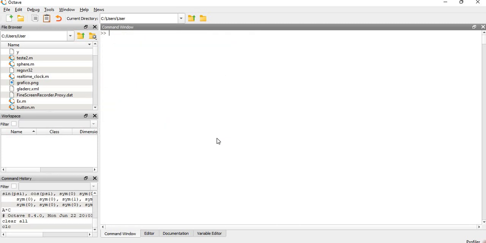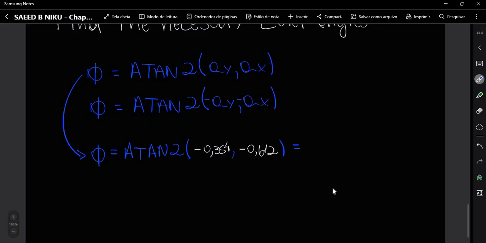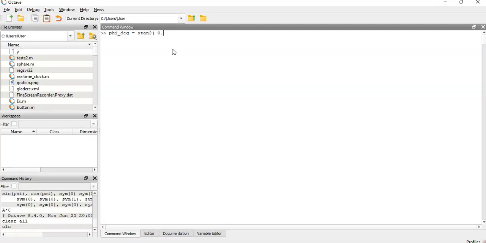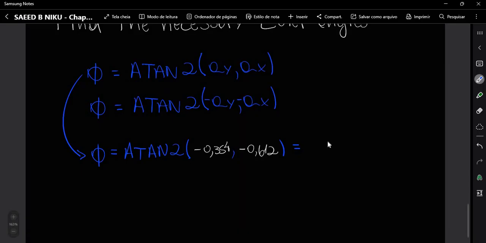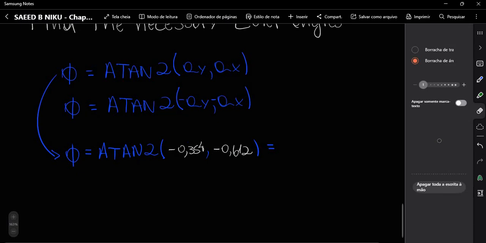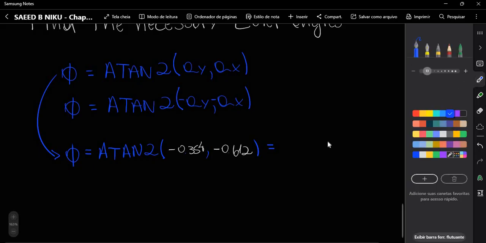Now we can type phi deg is equal to atan2d of minus 0.354, and let me just make an adjustment, switching this comma for a point, and minus 0.612.